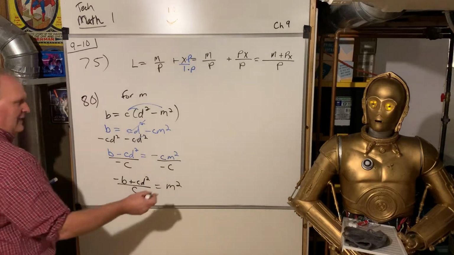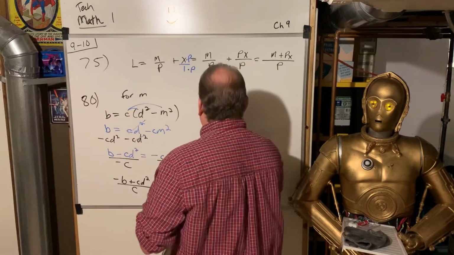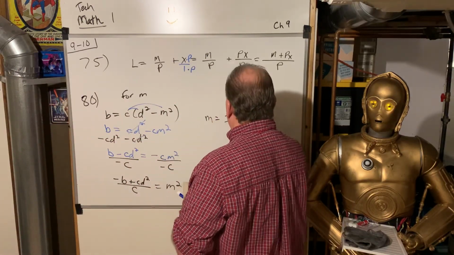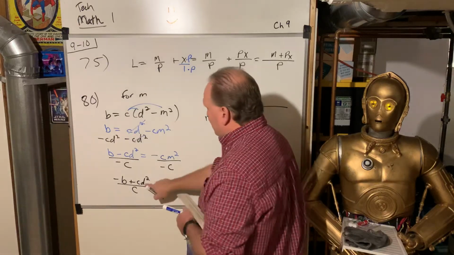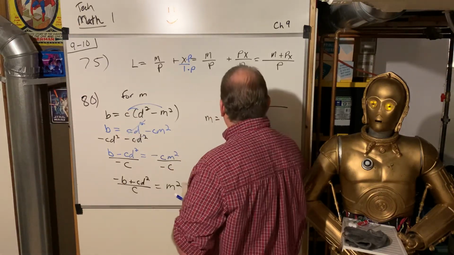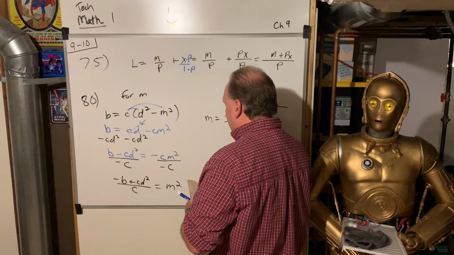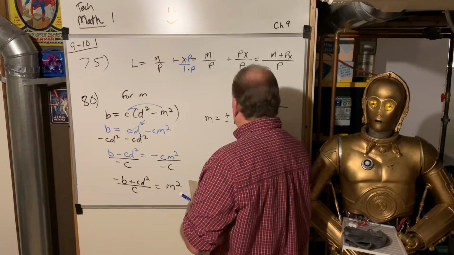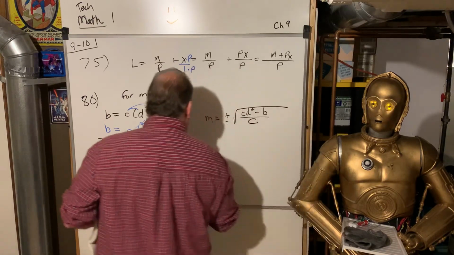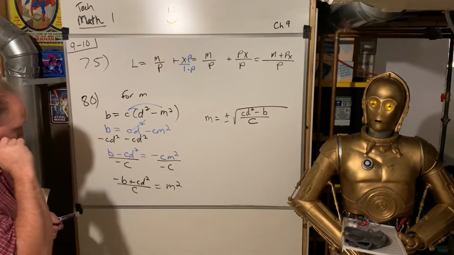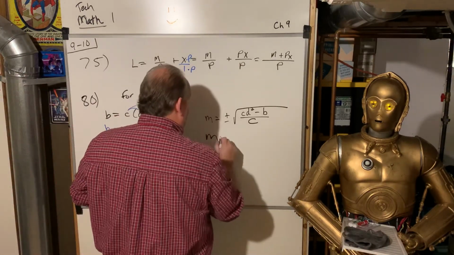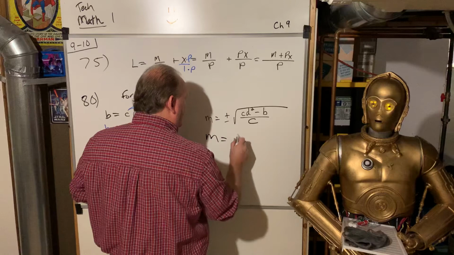Squared, and then their last step, like I said, algebraically, we would say plus or minus the square root. They would definitely write that first and that second, just to be a little lazy. Over C. And then likely they ditched the negative.